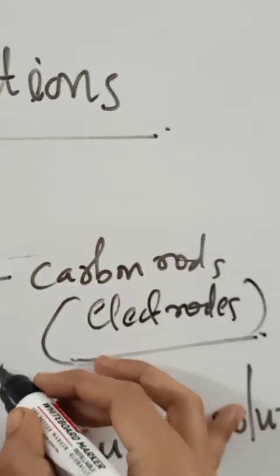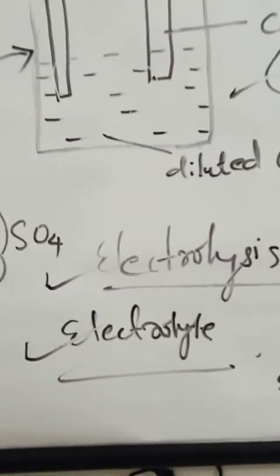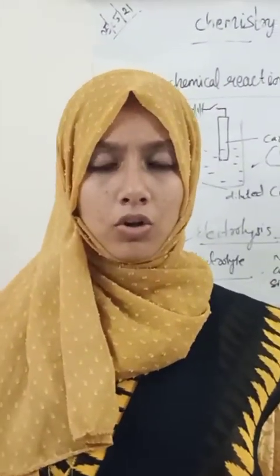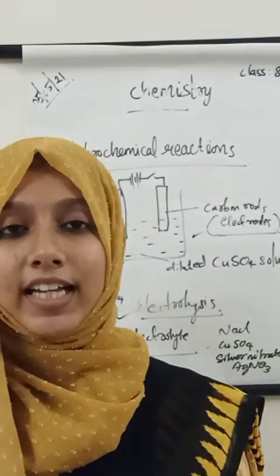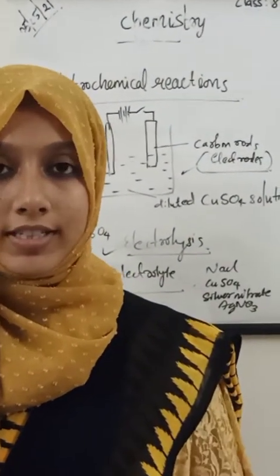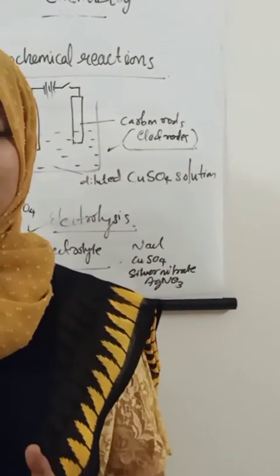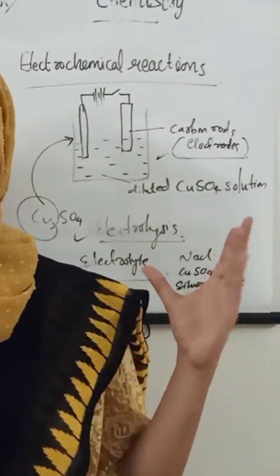Three words: electrodes, electrolysis and electrolyte. What is electrolysis? The process in which a substance undergoes decomposition by the absorption of electrical energy is known as electrolysis. And what are electrolytes? Electrolytes are the substances used as a solution.